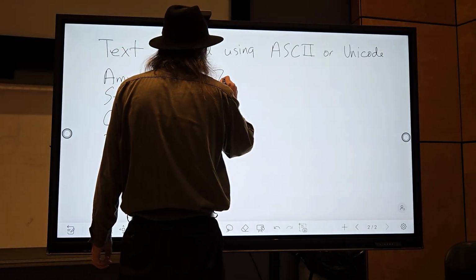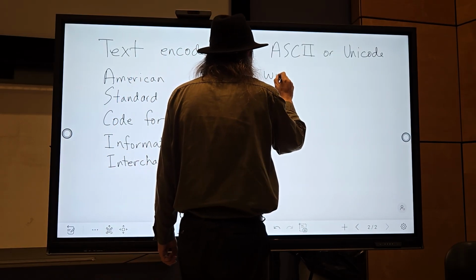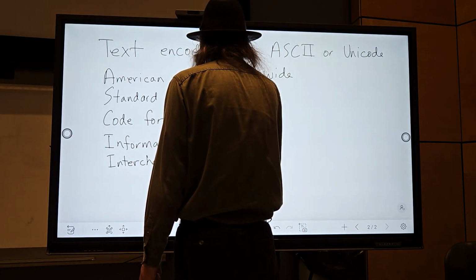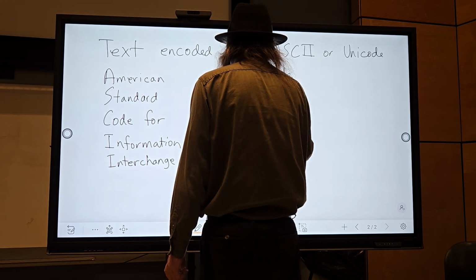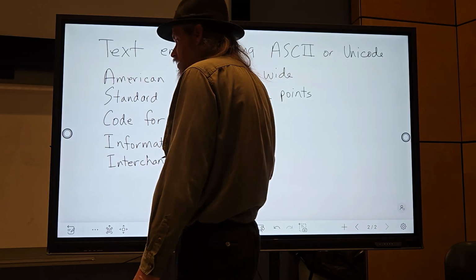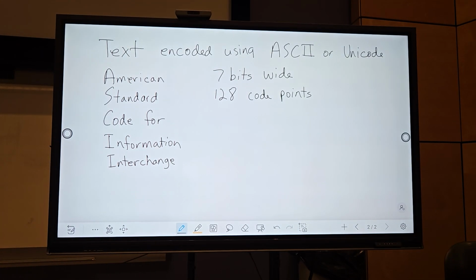ASCII is 7 bits wide, so there are only 128 code points. Less than a byte. But that includes representations for numbers, letters, a lot of punctuation marks, and a few control characters.